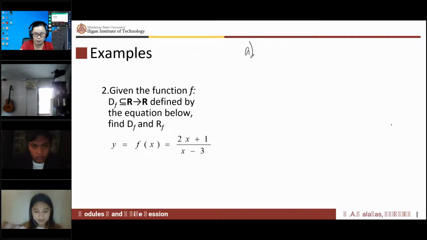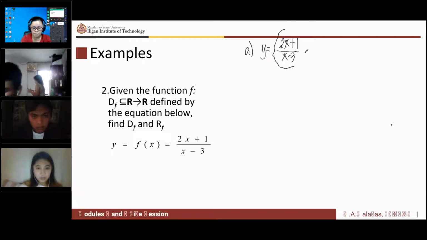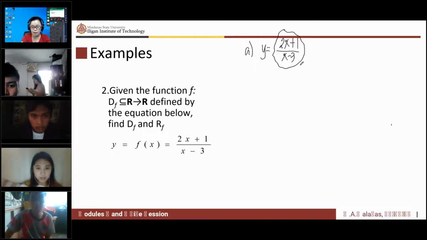So to find the domain, again, we look at the equation written explicitly in terms of x. Now, this is a rational function. When you encounter rational functions, you always remember that a rational function has meaning if the denominator is not 0.